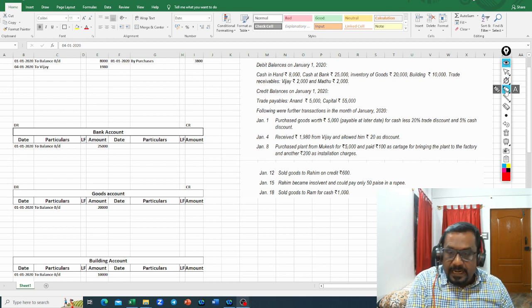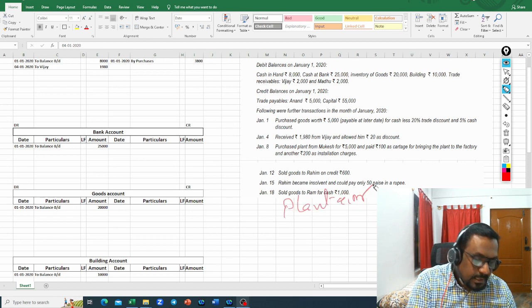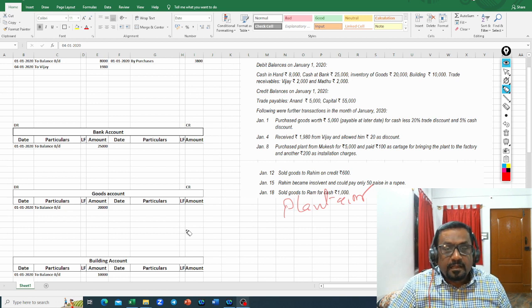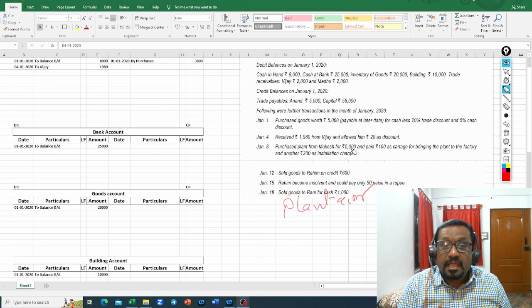See, purchased plant. When we purchase plant, plant comes in. So, plant account debit. How much did we purchase the plant for? 5,000. And 100 rupees we paid as cartage charges and 200 rupees for installation charges.